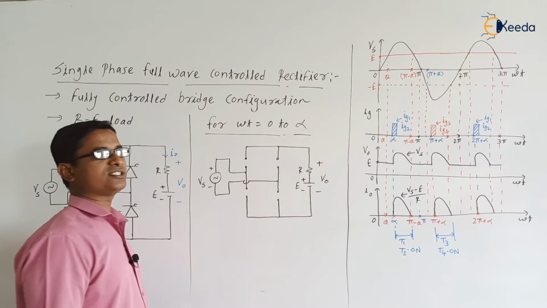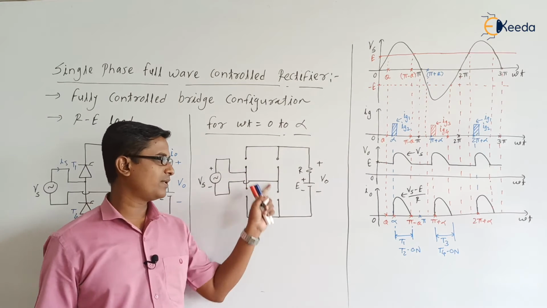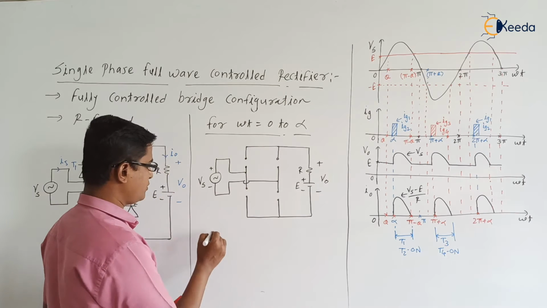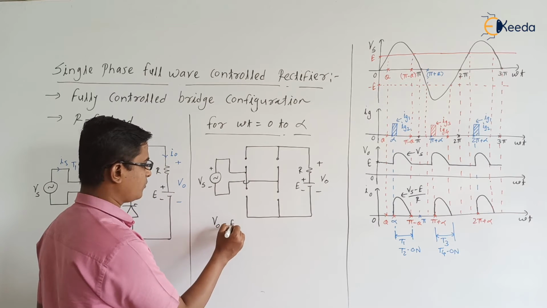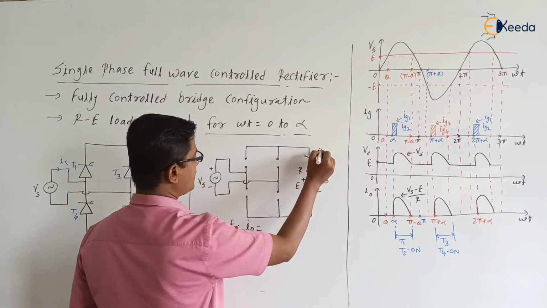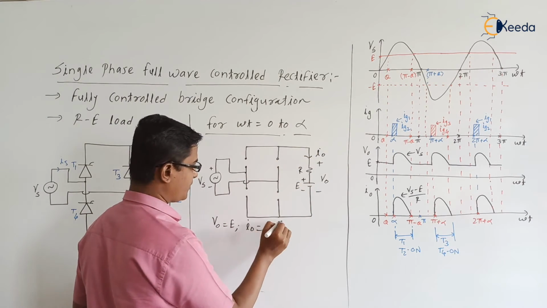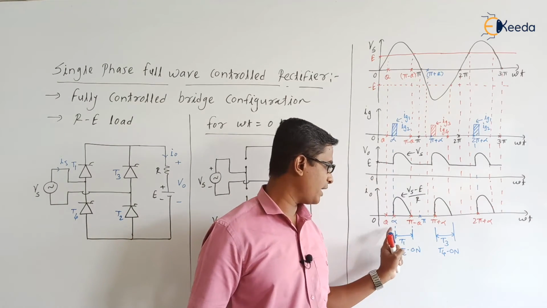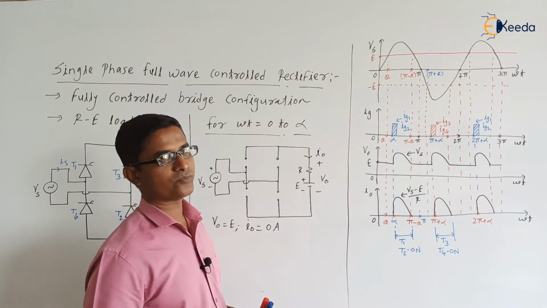If all four thyristors are in the off state, with T1 T2 in the reverse blocking mode, we can write V0 is equal to E. What is I0? I0 is equal to 0 ampere. So for 0 to alpha, V0 is equal to E and I0 is equal to 0.